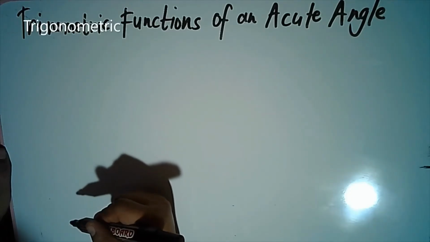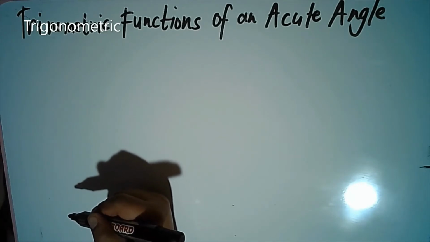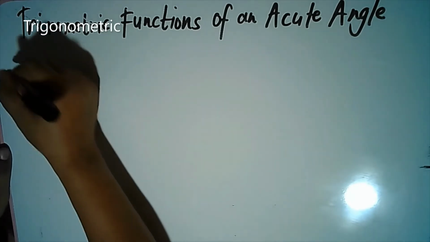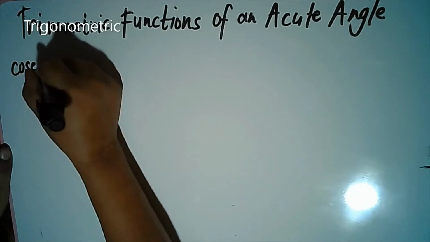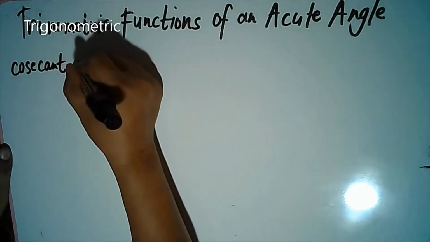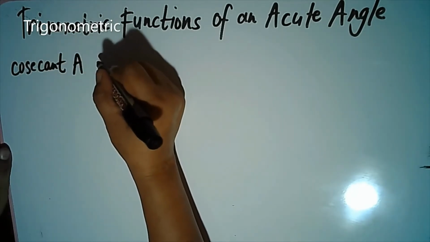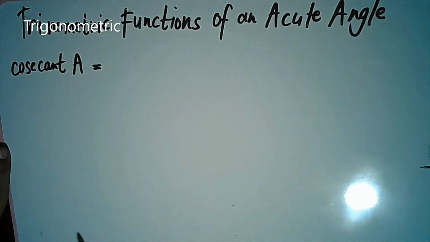The other trigonometric functions of angle A are as follows. Cosecant A is just the reciprocal of sine A.